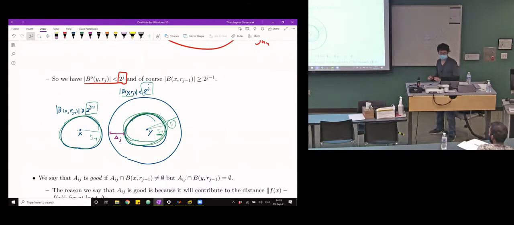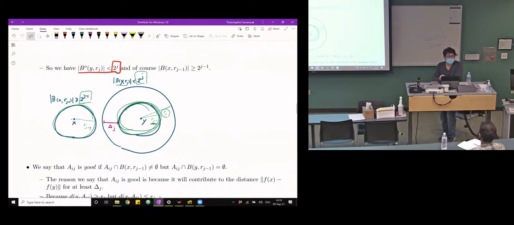So now, I want to define some good event. I will say that Aij is good if Aij is disjoint from this ball. No, sorry. Contains some point in this ball.